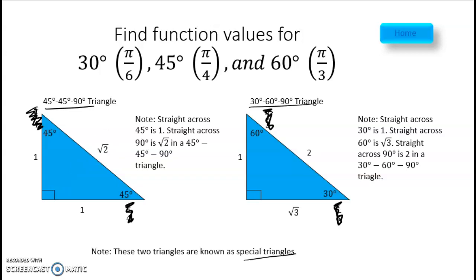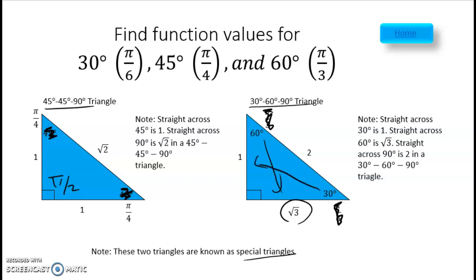Now, you can change these 45, 45, 90 to radians. So instead of 45, we can use a pi over 4, pi over 4, pi over 2 triangle. Remember, 90 is the same thing as pi over 2. Now, in your 30, 60, 90 triangle, always across your 60 is the square root of 3.